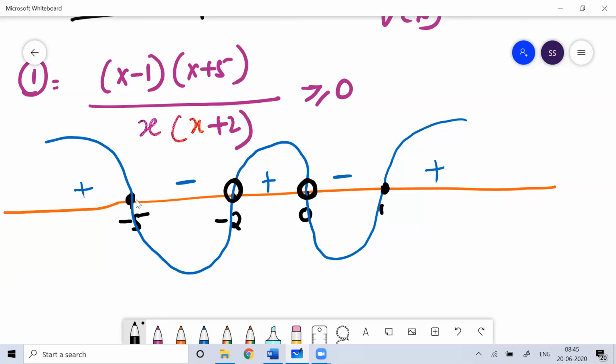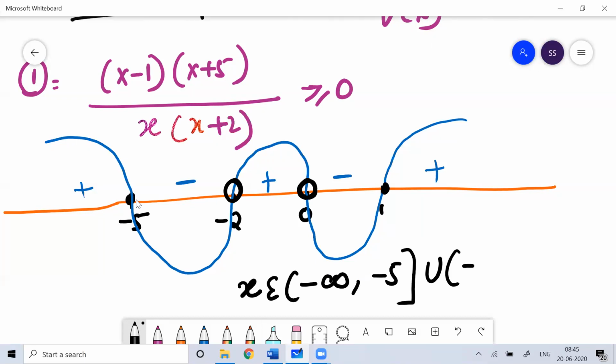So remember this. Here I'll write the answer. I need positive values. So x is in the union from minus infinity to minus 5, close bracket, union of open bracket minus 2 comma 0 open bracket, union of close bracket 1 comma positive infinity.